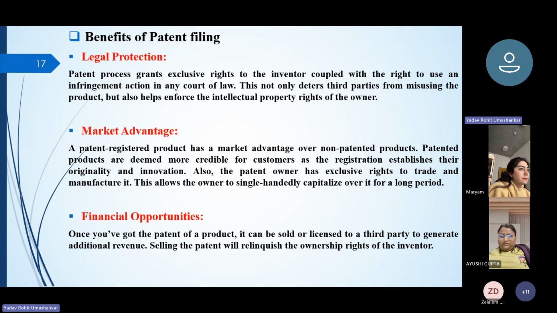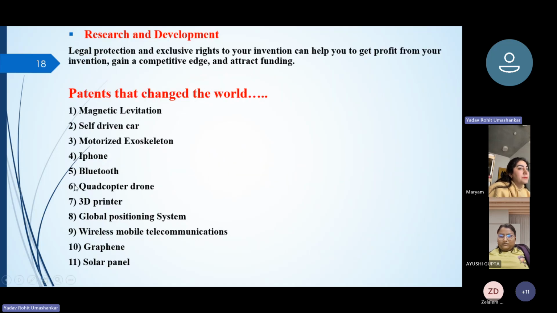Then the third party can use your invention, and use his market value and market strategy to develop it at the commercial level. Whatever he earns, he will give some part of the revenue to you also. So this is a very great financial opportunity given by patents, along with research and development.